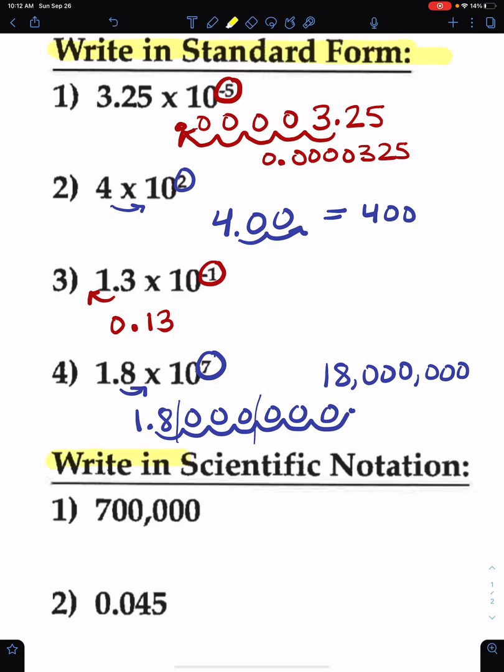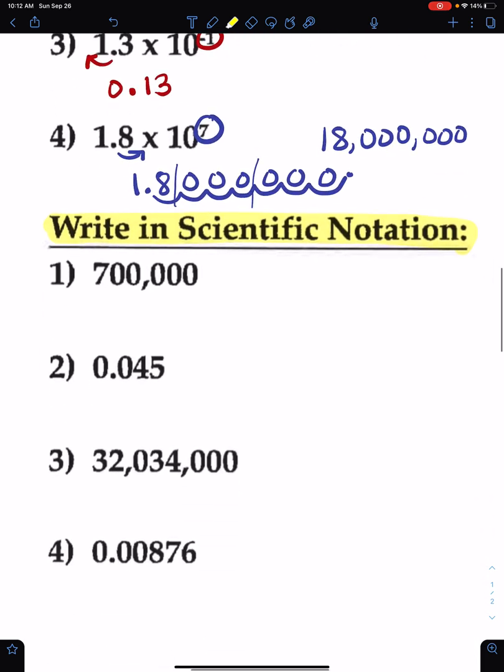Now let's go from standard form and put it in scientific notation. So remember that the number that's being multiplied by a power of 10 has to be a number between 1 and 10. So we look at this 700,000 and think, where would I have to put the decimal to make that a number between 1 and 10? Well, it would have to go here because 7 is a number between 1 and 10.